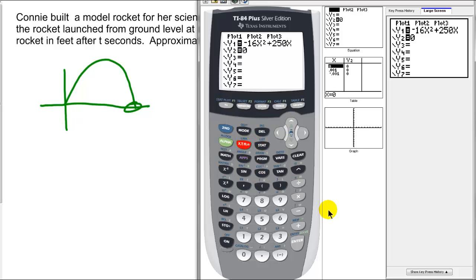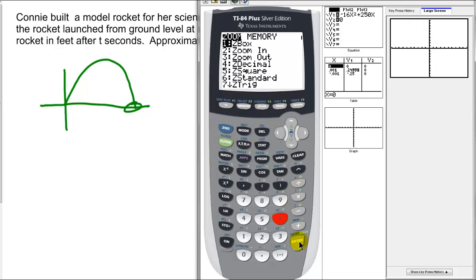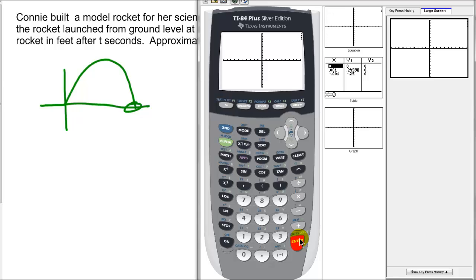And what I want to do is graph that. Well, if we graph this in our normal window, we could go zoom 6 and see what that gets us. Now, I just hit enter, and it's apparently graphing, but I can't see a thing on my screen.